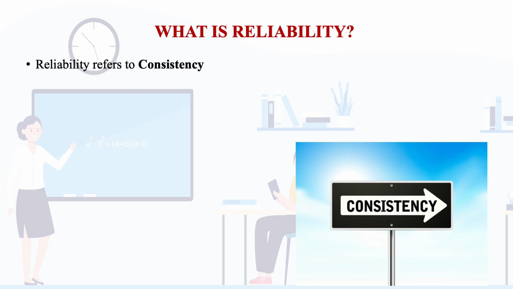To understand the concept of reliability, we can say that reliability refers to consistency, meaning a tool or a test that always gives us a consistent result, a faithful result, a dependable result, a stable result, or when we predict the result of the test, that also we can say is a reliable test.